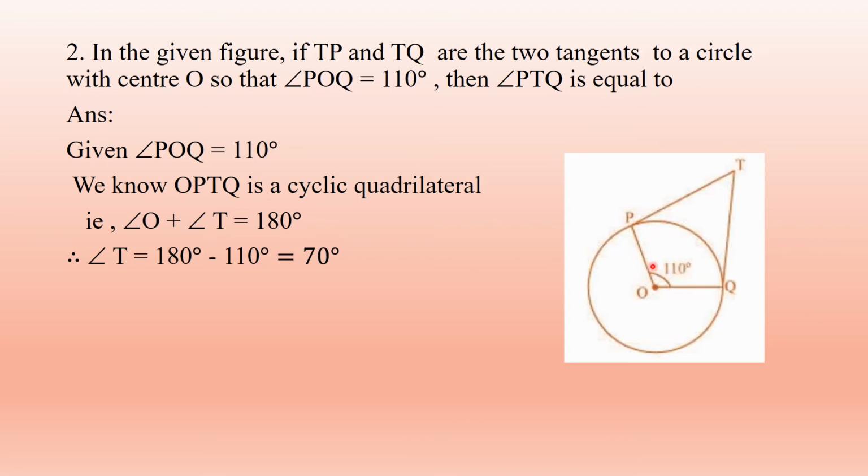We know OPTQ will be a cyclic quadrilateral, as OP is perpendicular to PT and OQ is perpendicular to TQ. Angle P 90 degrees and angle Q is also 90 degrees. So automatically angle O plus angle T will also be equal to 180 degrees. Therefore angle T, that is angle PTQ, is equal to 180 degrees minus 110 degrees, which is 70 degrees.